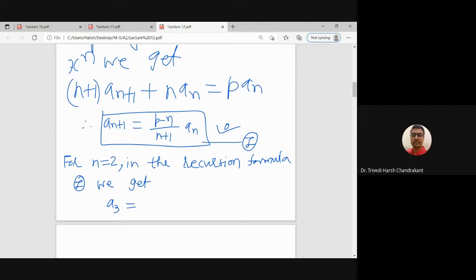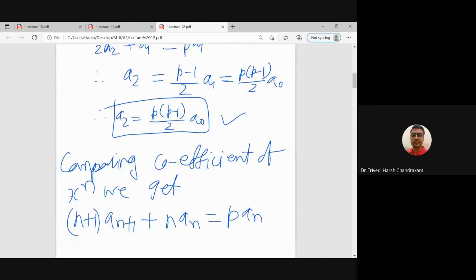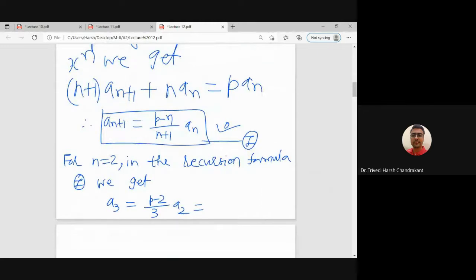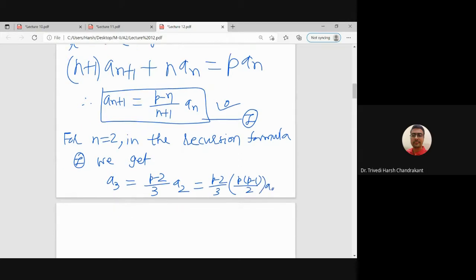So a3 is p minus 2 divided by 3 times a2, and we already know a2 is p minus 1 by 2 into a0. So now we can write this formula very nicely as p minus 1, p minus 2, divided by 3 factorial, a0. Right. Similarly, we can find a4 and all that.